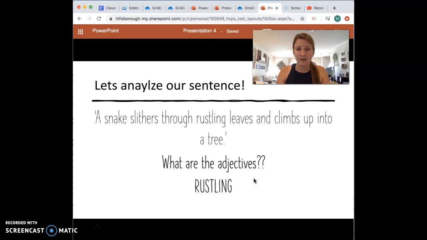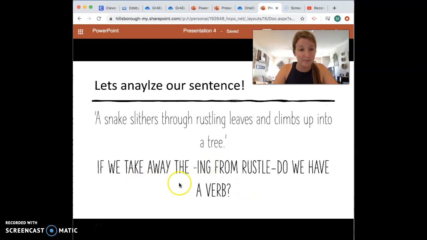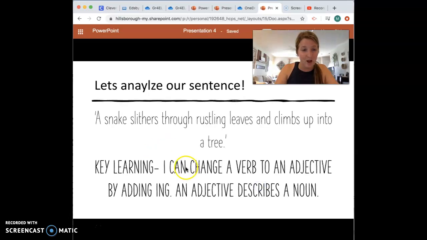Now, if we were to take off the ing, is rustle something that can be done? Is this a verb, an action? It is. So if we were to take off the ing, we would have rustle, which is something you can do. The thing that I want you to take away right now before we move on is I can change a verb to an adjective by adding ing.